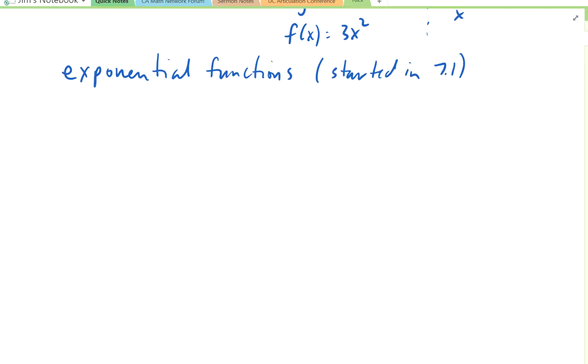Okay, so exponential functions. Suppose I had this example.